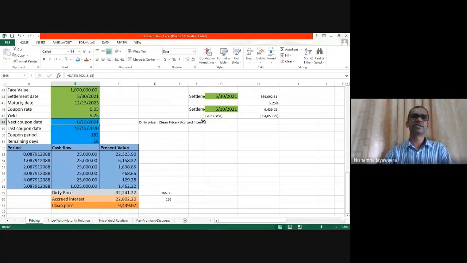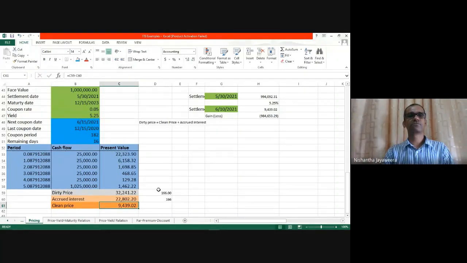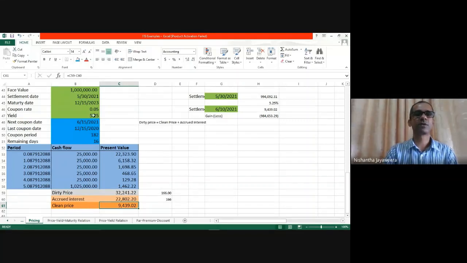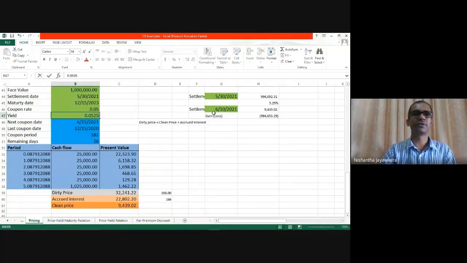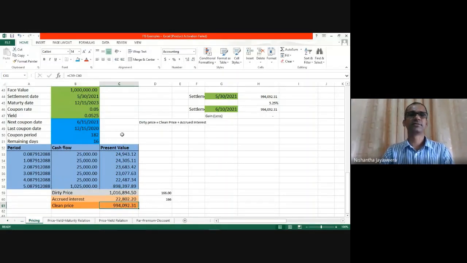We bought it on 30th May with 5.25 yield, that is 0.0525. Correct.